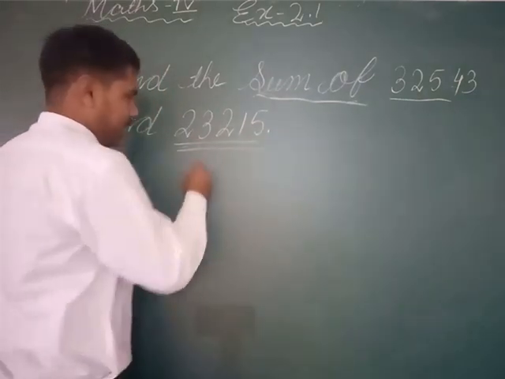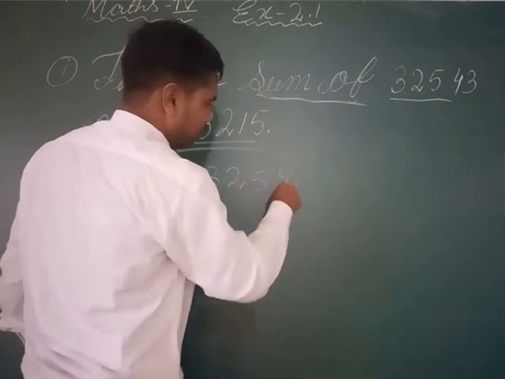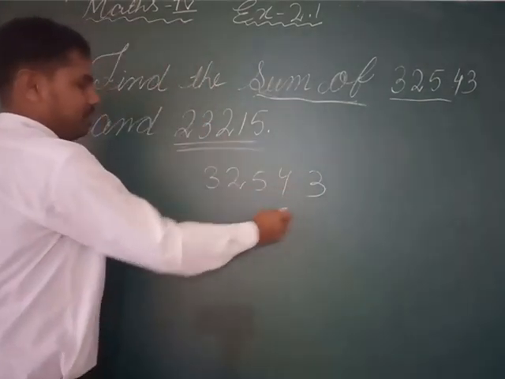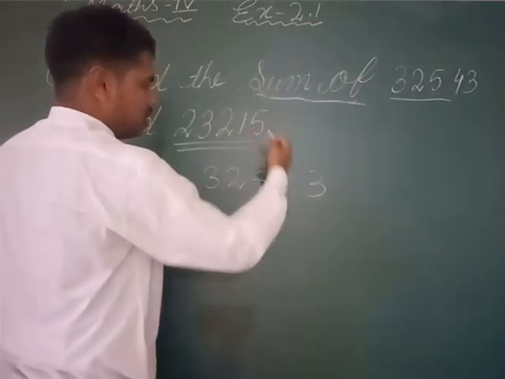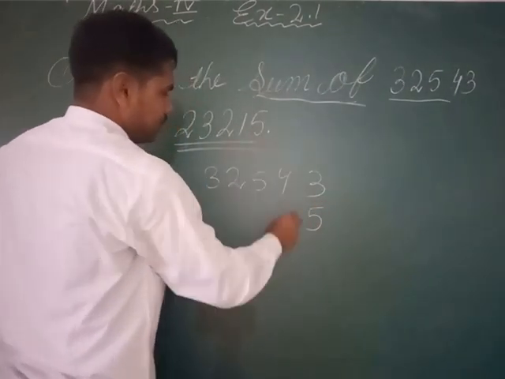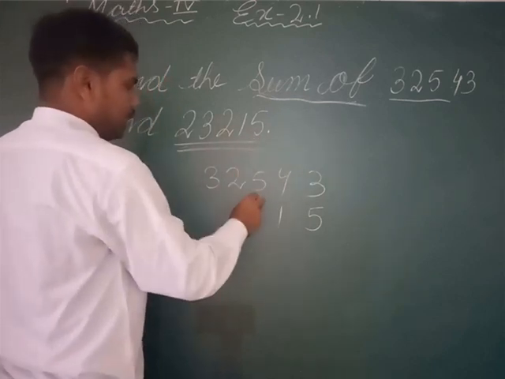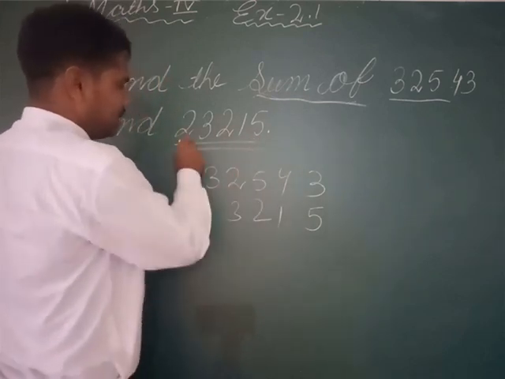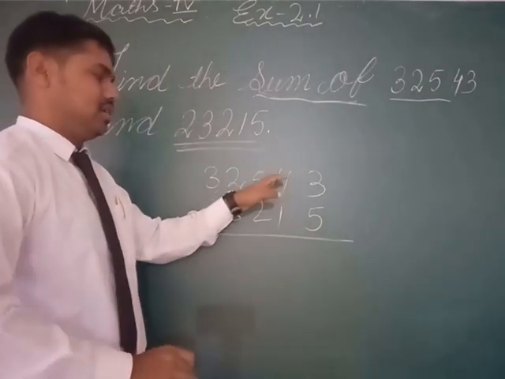The first number you can write as it is, suppose 3, 2, 5, 4, 3. For the next number, we start with the rightmost digit, 5, that is the ones place, then the tens place, and so on.